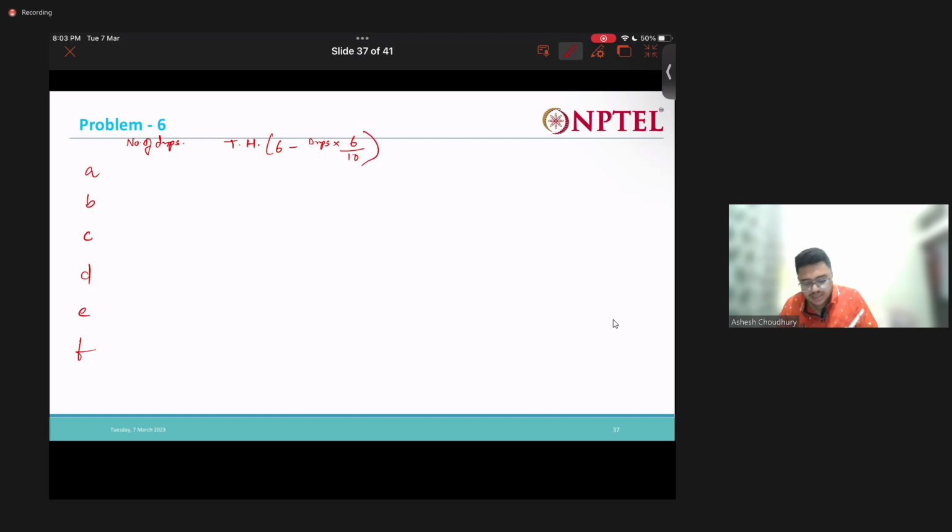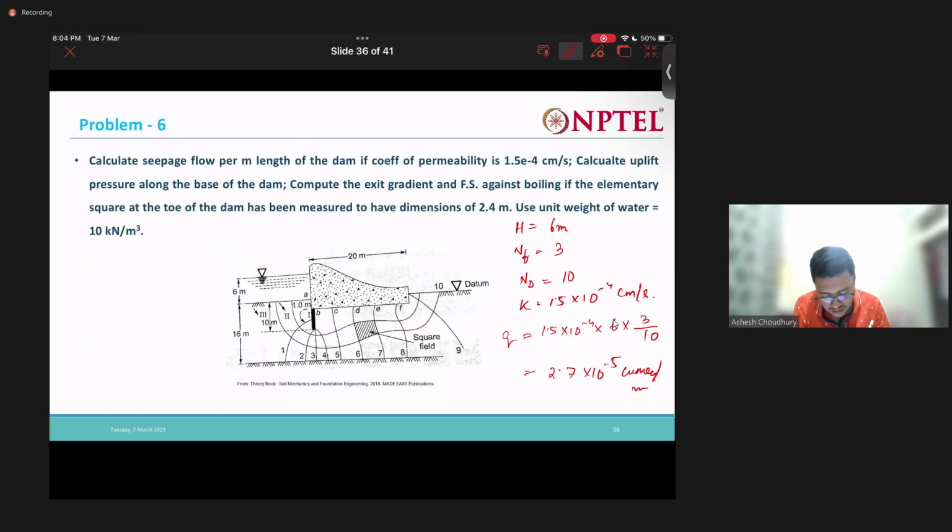Actually, 10 drops are total. There are 10 drops, and in these 10 drops a total of 6 meter is lost. So in each drop 6 by 10 is lost, that's why 6 by 10. Okay, this is clear, right? Why 6 by 10 is here? See, total 6 meter of head is lost in 10 number of drops.